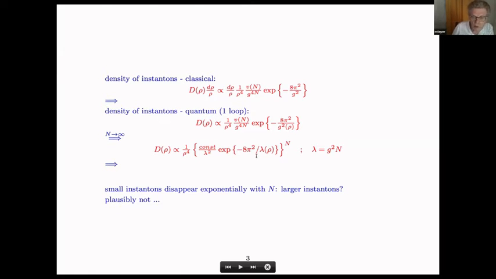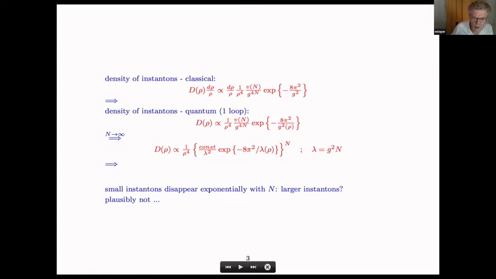So this G also provides you some 't Hooft coupling to a power of N, because this volume factor here turns this coupling into a 't Hooft coupling. That calculation can be found in the old paper in the late 70s by, for example, Koplik and Lusinov.